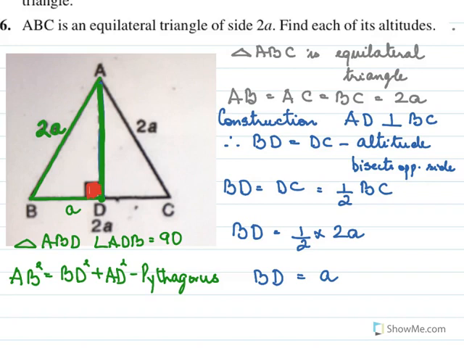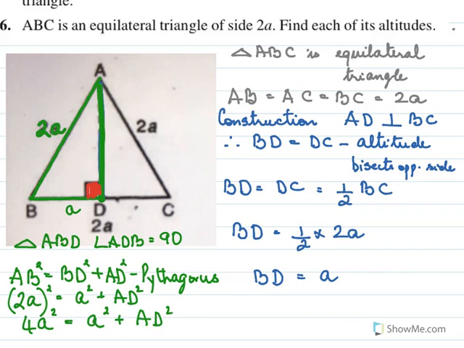I'll be sending the PDF of this exercise, so you need to write the statements according to the PDF. Here I'm doing it in short. So AB is 2A the whole square, BD is A square, and this AD square I need to find out. So 2A squared becomes 4A square equal to A square plus AD square.